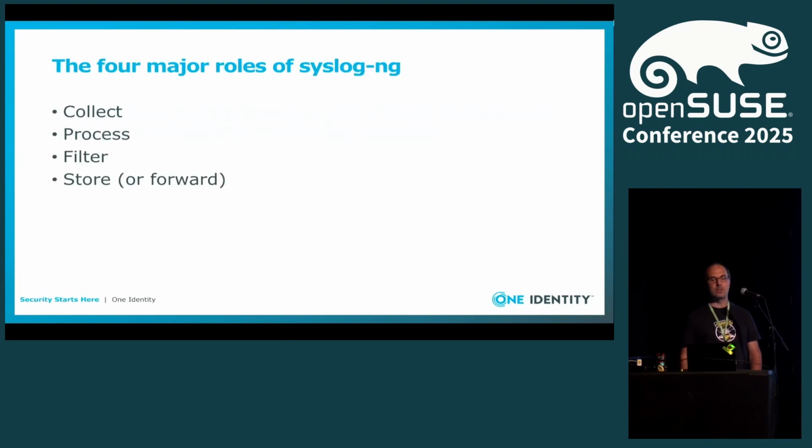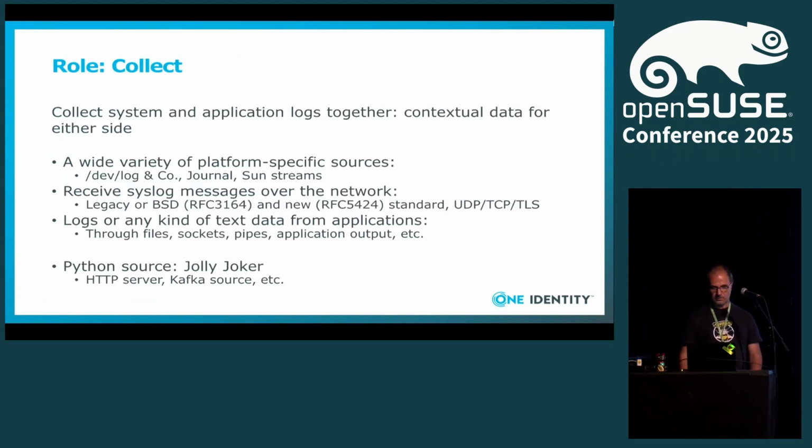It has 4 major roles: collecting, processing, filtering, and storing log messages. It has a collecting system, and it can collect system and application logs together, which can provide quite useful contextual data for either side. It can receive Syslog messages over the network using the legacy and the new Syslog protocol using UDP, TCP, and encrypted connections.